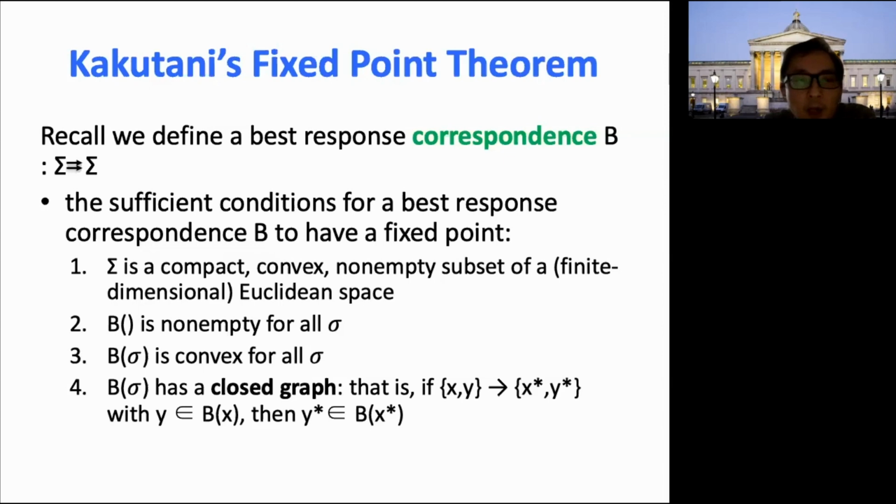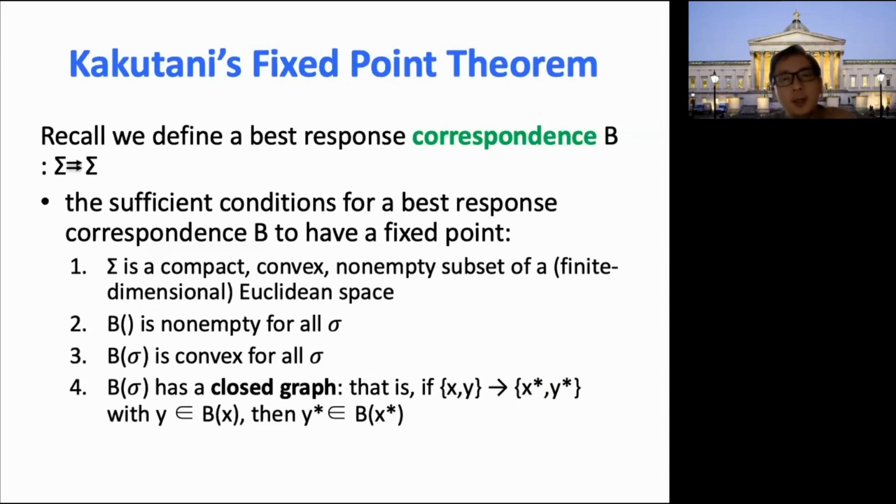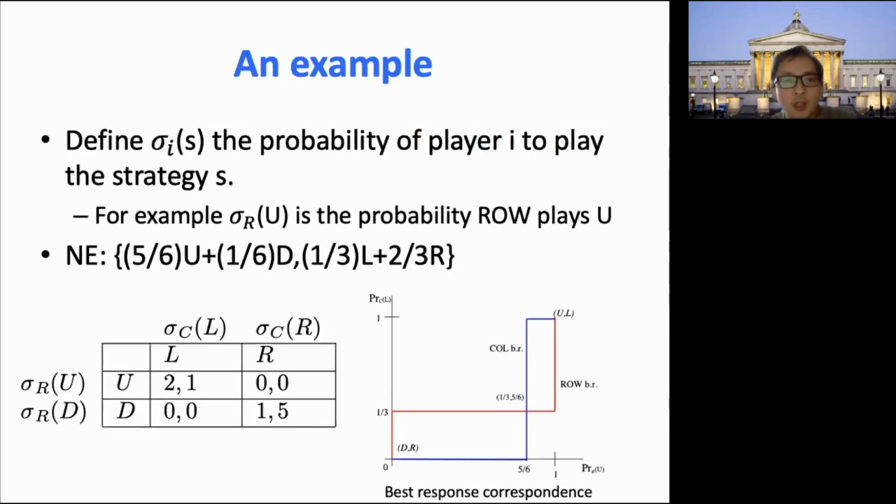Let's go through each of the conditions. Before that, what do we mean by this mixed strategy set? Let's look at an example. You have 2 agents, 2 actions, a normal form game, and you can write down sigma as their mixed strategy.